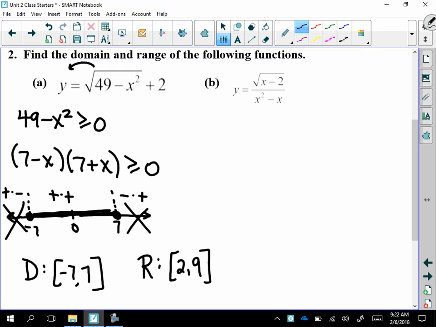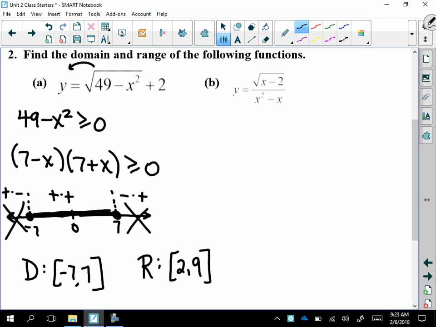Imaginary we're going to ignore in a real number system. So let's just say that this square root equals 0. When will this square root equal 0? When x is 7 or -7, at the ends of its domain. So the smallest value that could come out would be 0. If I add 2 to that, the smallest value of our range is 2.